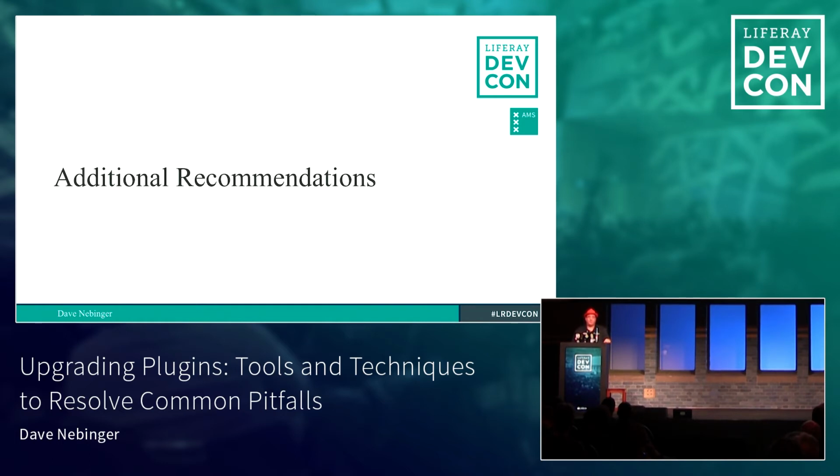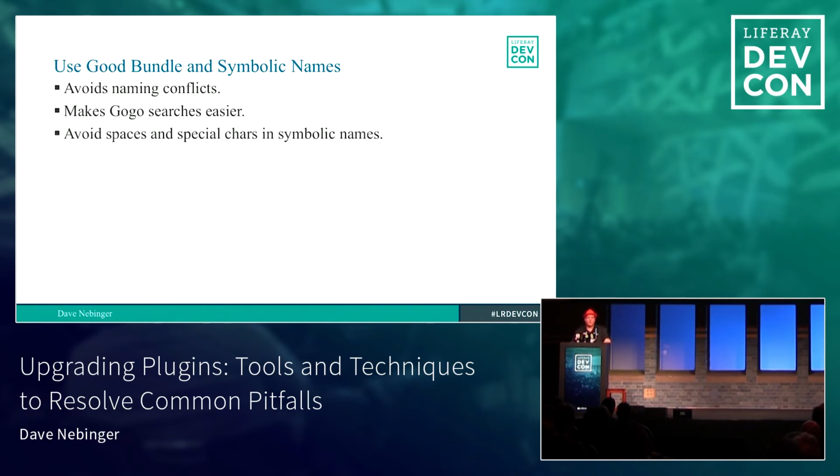Some additional recommendations of things that I've found. Use a good bundle symbolic name. For example, if I were fortunate enough to be working on foo and bar modules for MIT, I want to give my bundles names like MIT Foo API, MIT Foo Impl, MIT Foo Web, and then repeat for the bar modules.